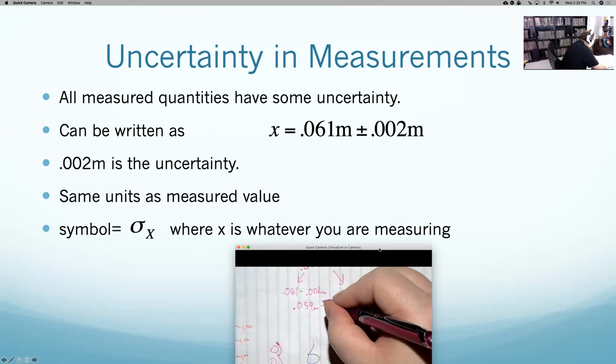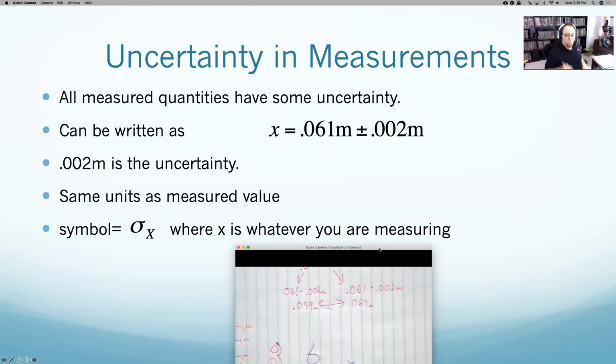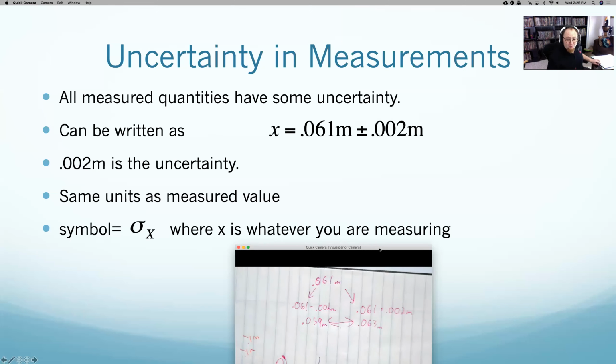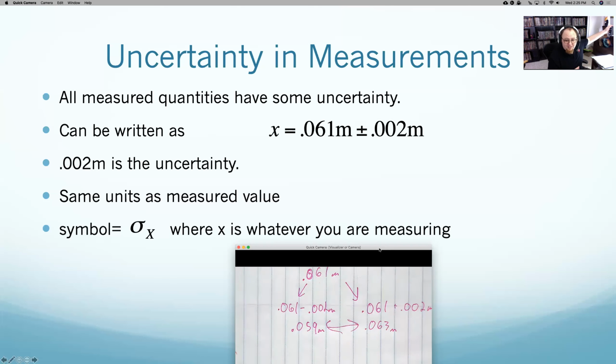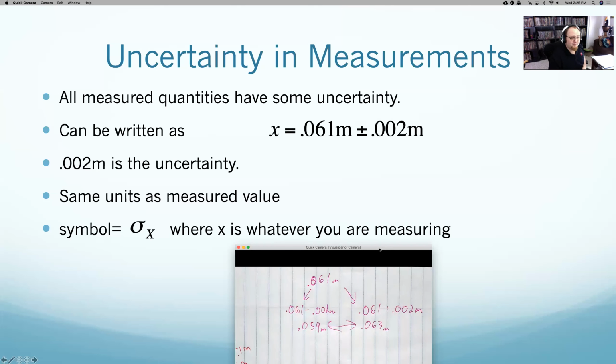I'm saying the value is anywhere between there. Where in that range? I don't know. That's the whole point of uncertainty. It's acknowledging what we don't know. And we use this to help try to make things as exact as we can. Questions?